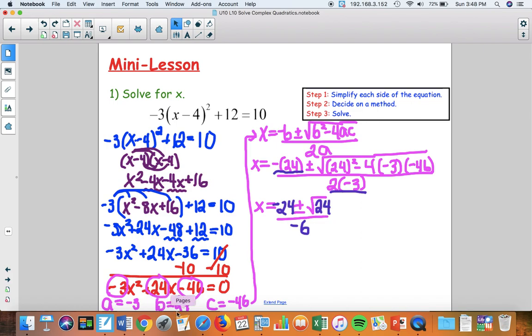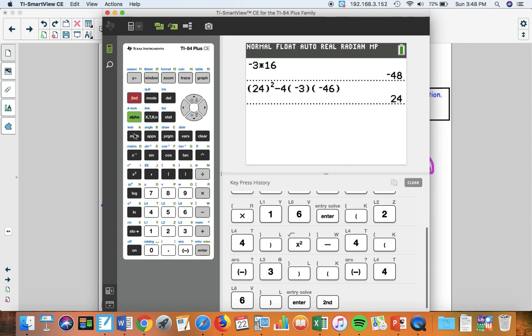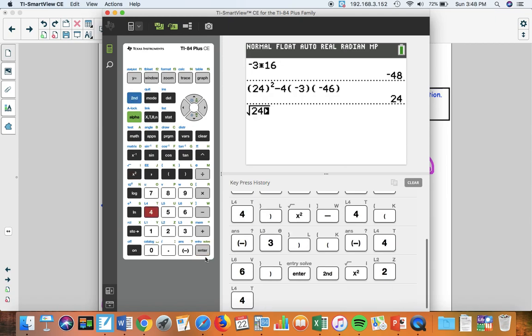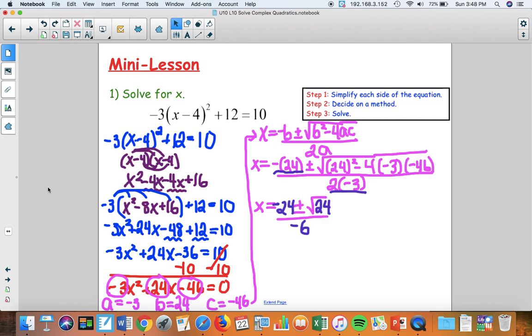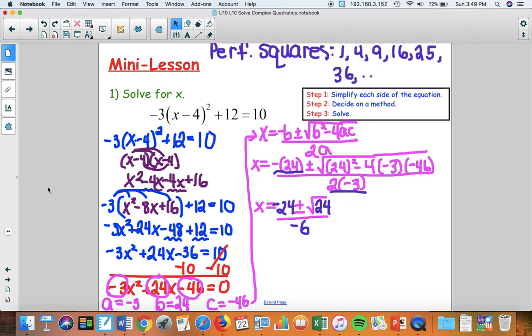We want to see if we can simplify radical 24. Let's see if it's a perfect square. So it's not a perfect square, so we need to find the biggest perfect square that goes into 24. A little reminder, our perfect squares are 1 times 1 gives us 1, 2 times 2, 3 times 3, 4 times 4, 5 times 5, 6 times 6, and so on.